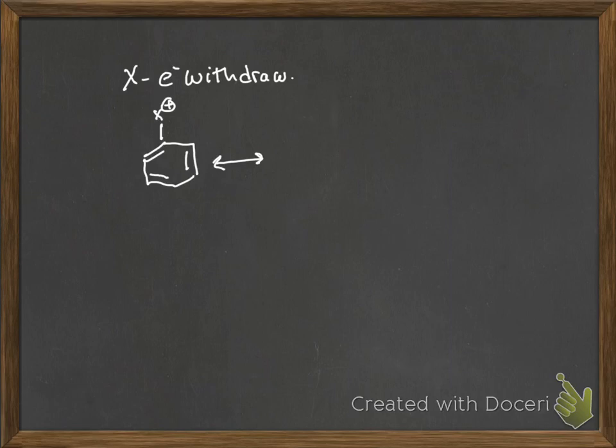All right, so here's your first resonance form. Put a positive charge on the ring, and hopefully you remember that this pushes around like so. And one more.